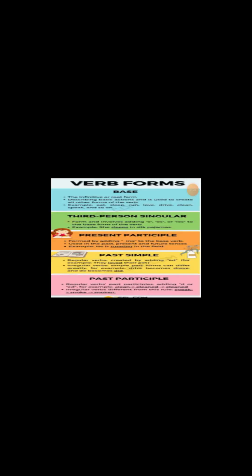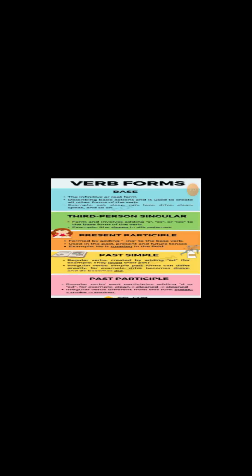For example: eat, sleep, run, love, drive, clean, speak, and so on. These are all examples of the base verb, the main holdings from which we create the other forms of verbs.